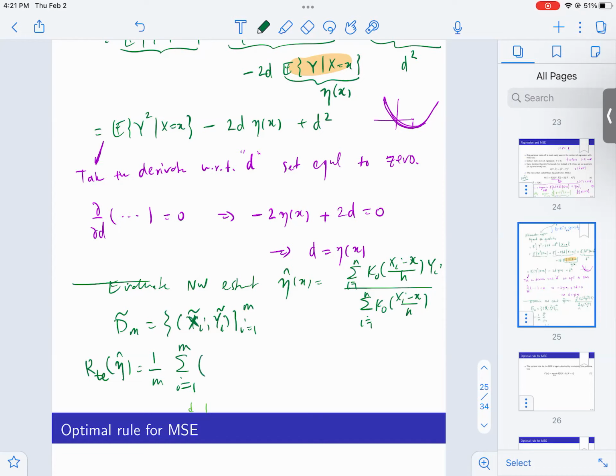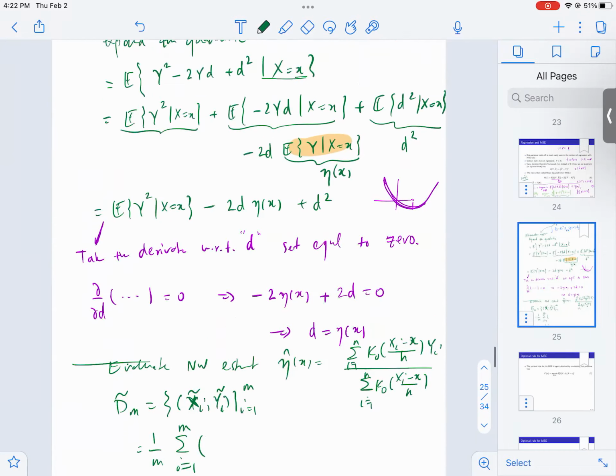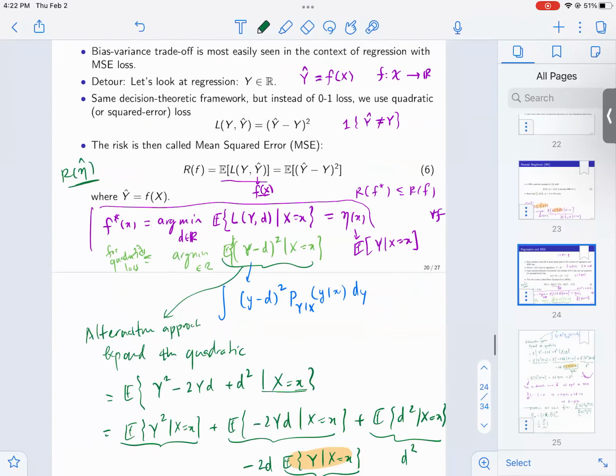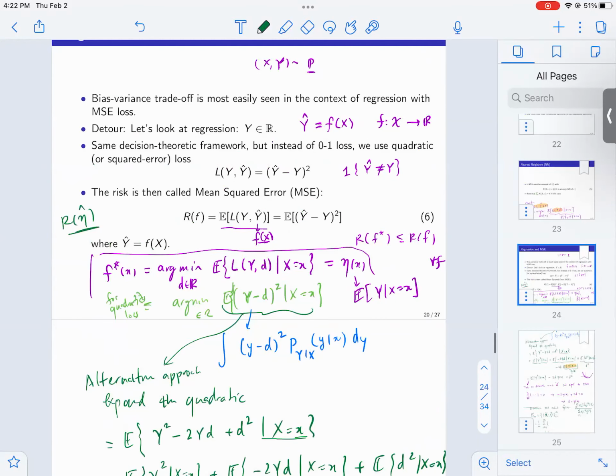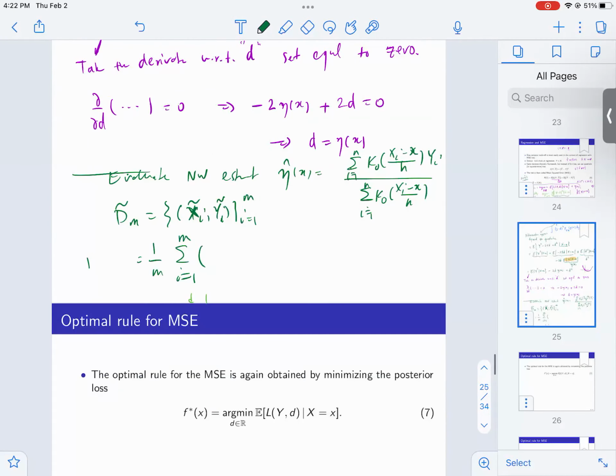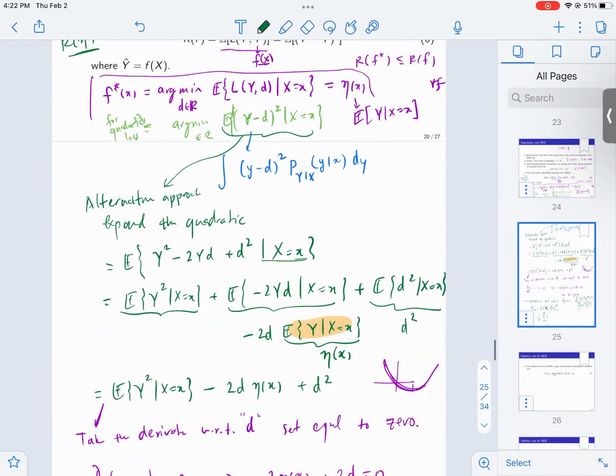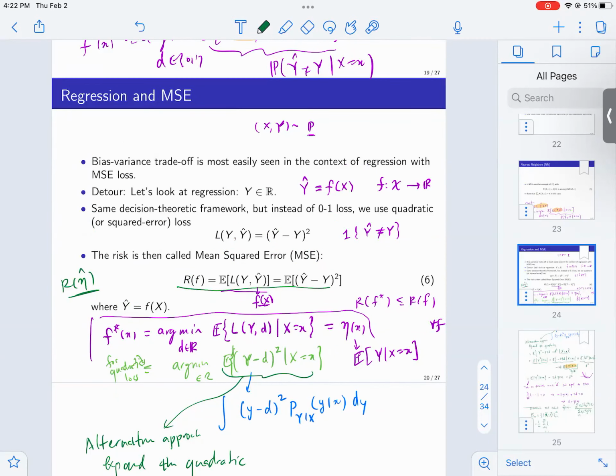These are my test data. How do I calculate the risk? It's not tricky.